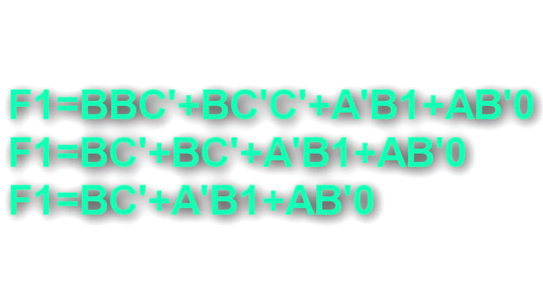Theorem number 3. Now, we're going to use theorem number 7, which basically says that anything plus itself will equal itself. So f2 is equivalent to b not c plus not a b 1 plus a not b 0. Again, you don't want to be repetitive. So once you have that, well, we can just go and use theorem number 2.